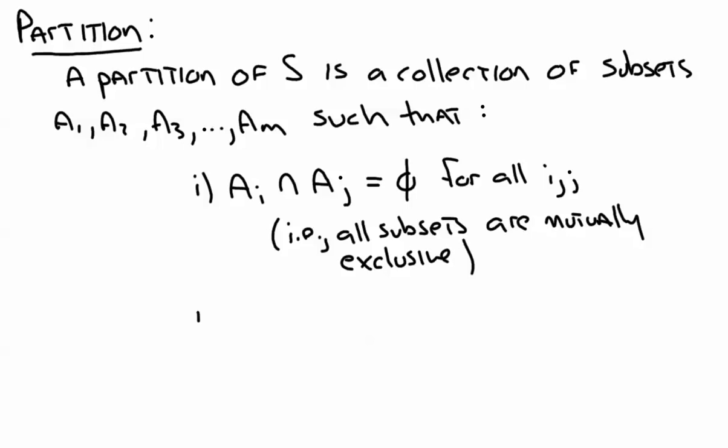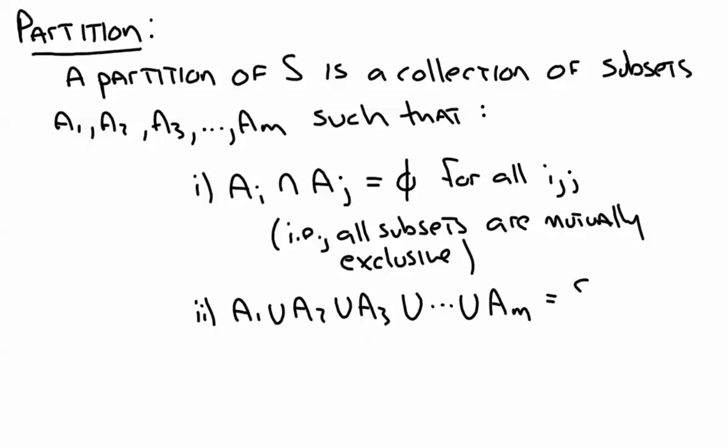And the second property that this collection of subsets has to satisfy is that their mutual union, A1 union A2 union A3 union all the way up to A sub m, equals the sample space or universal set S, meaning that the collection of subsets are collectively exhaustive.